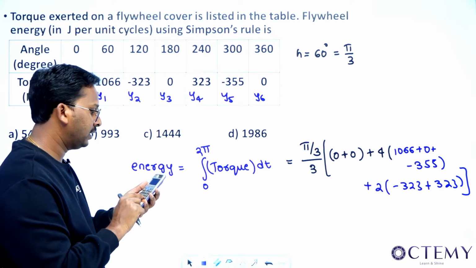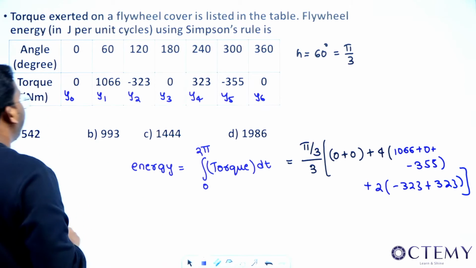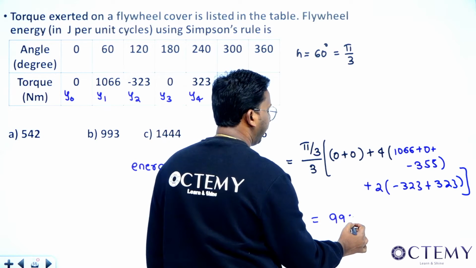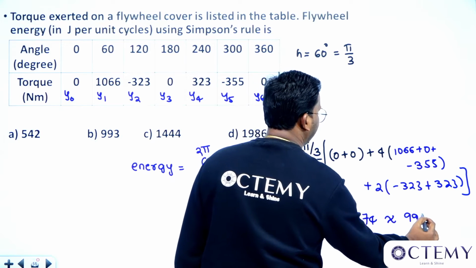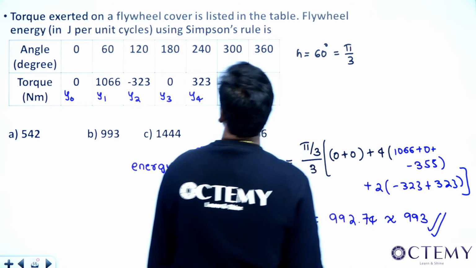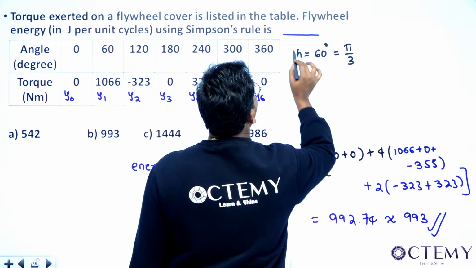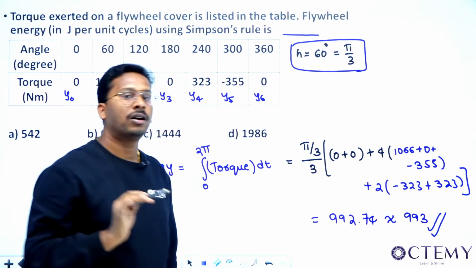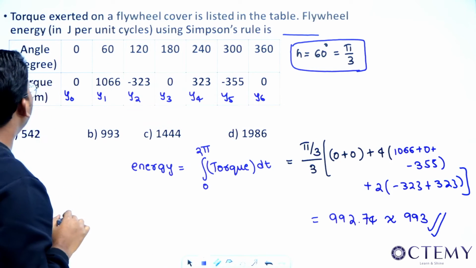You are going to get 992.74, approximately 993 also you can write. That should be the answer. It's a fill in the blank question. So one thing to learn from here is, if you apply it in degrees, the answer you get is wrong. You have to always apply it in radians, right? Very good. Let me go to the next question.